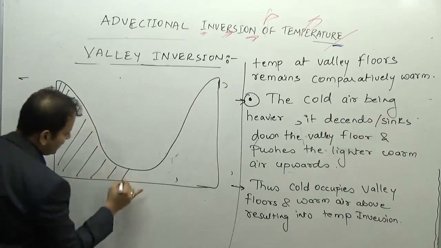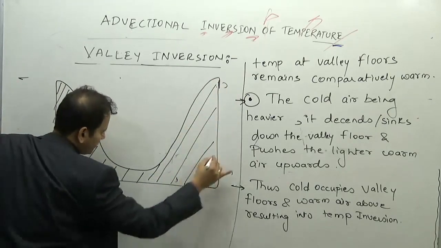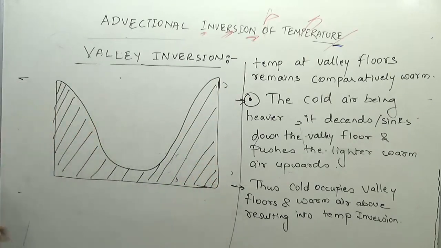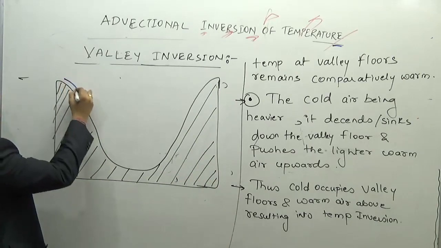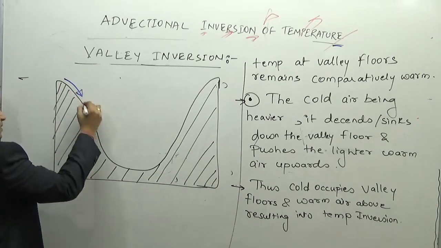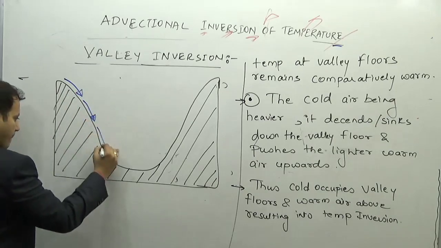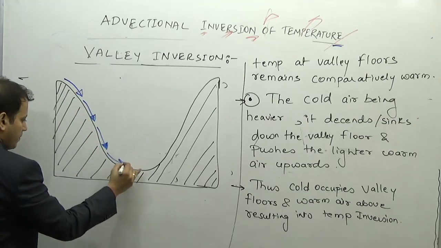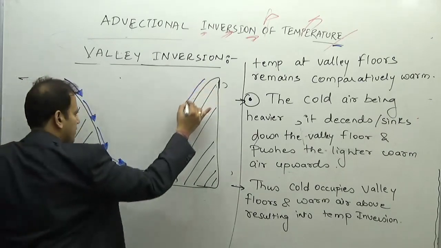So this is the valley. Now the cold air, you have to show the direction of the cold air. It is coming downwards from both the sides.